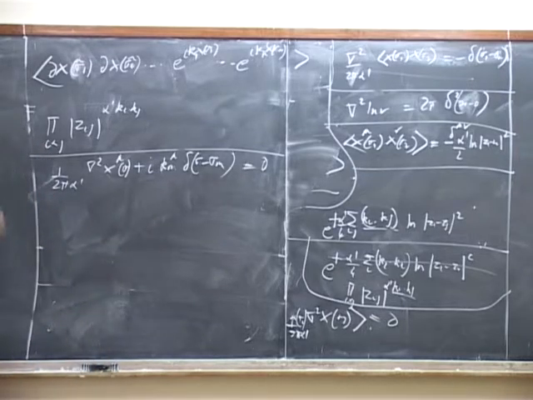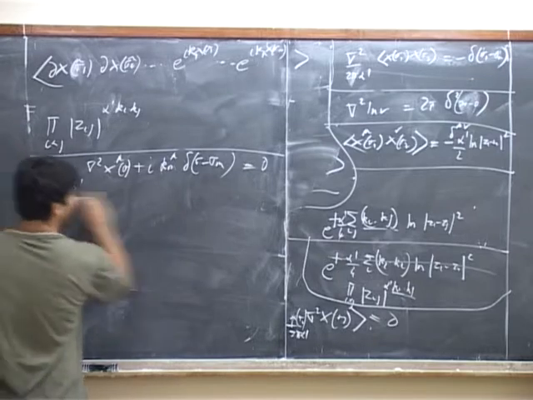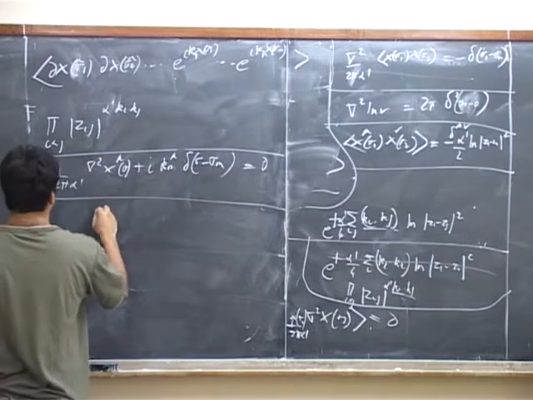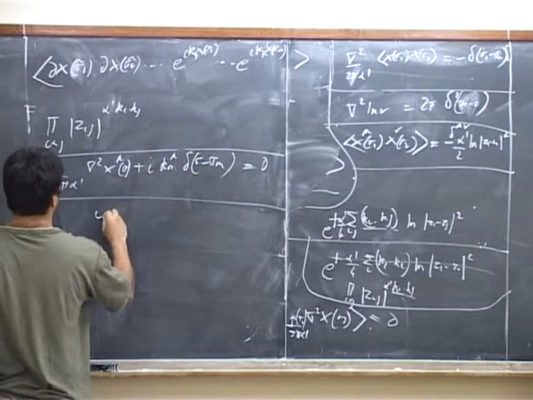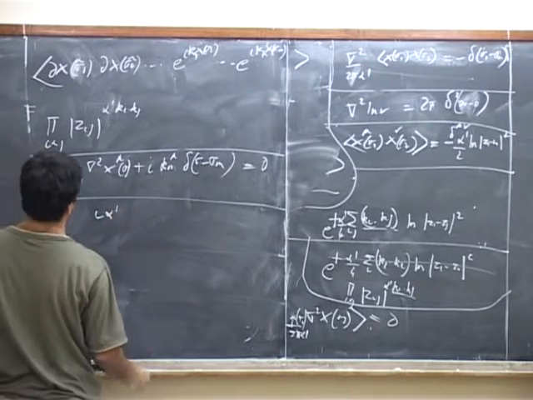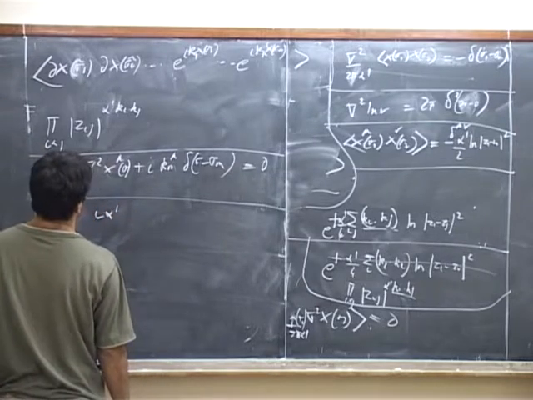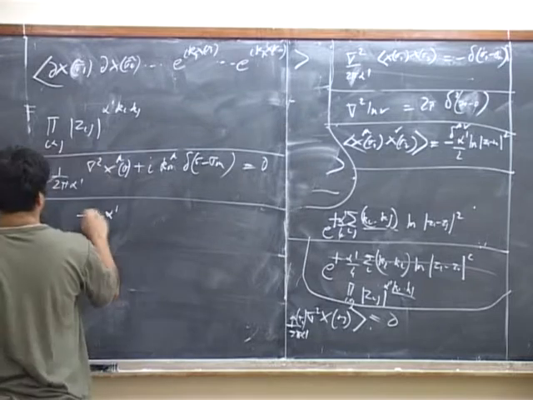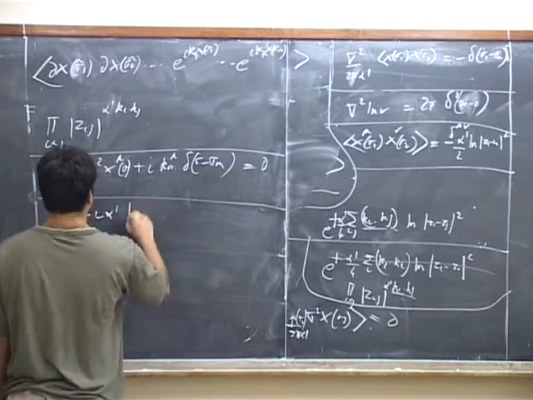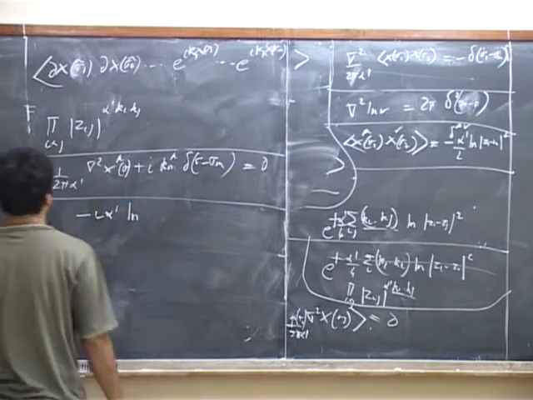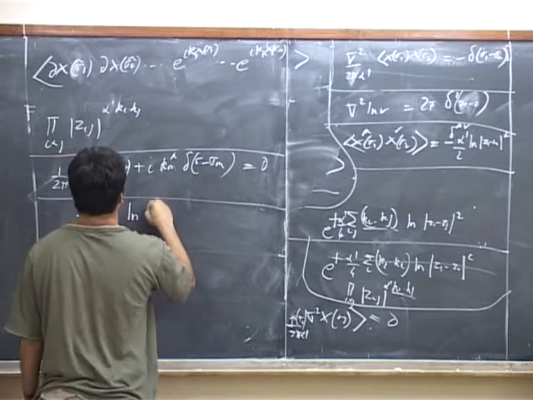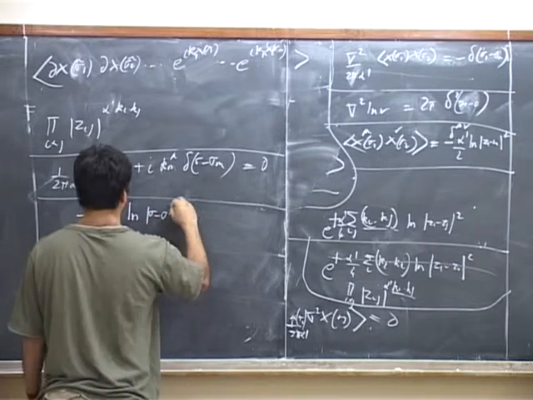Okay, but we already know how to solve these equations. The answer is simply, let me get the i's and minuses right, it's i alpha prime, and then with the minus, log of sigma minus sigma prime.